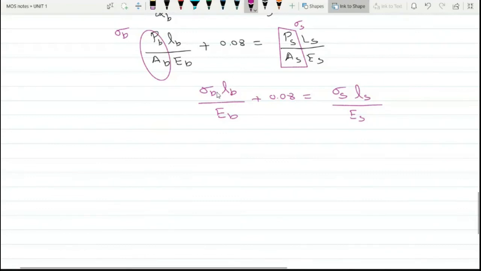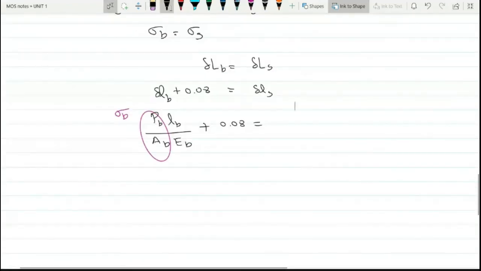So now these two are equal. When I say it is equal, this can also be written as sigma B, because both stresses are equal. That is my second case. Now let me write out my equation.